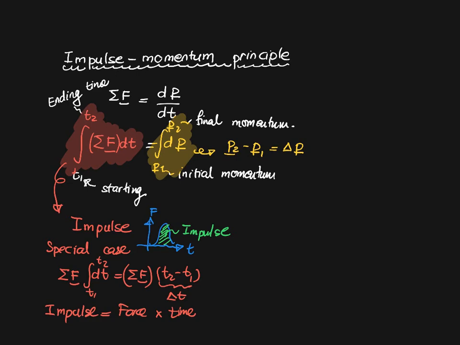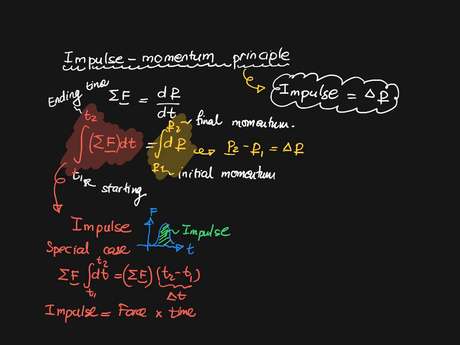That's why the impulse momentum principle states that the impulse on the particle is equal to the change in momentum. So this is basically the restatement of the definition of force.